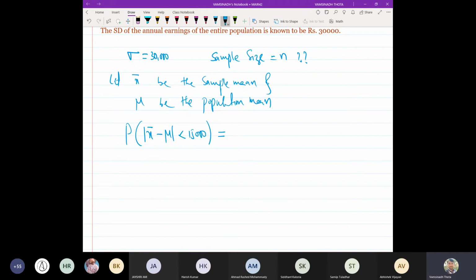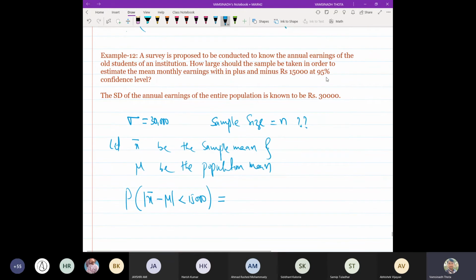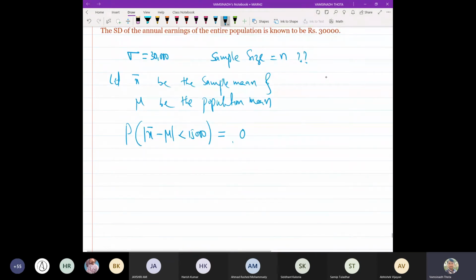How much is it expected to be? It is expected to be 95%, and hence that is 0.95. If you understood this formulation, that's all. The remaining problem is nothing. The only thing is you need to understand this mathematical formulation. Is it clear to everyone how we got this one?